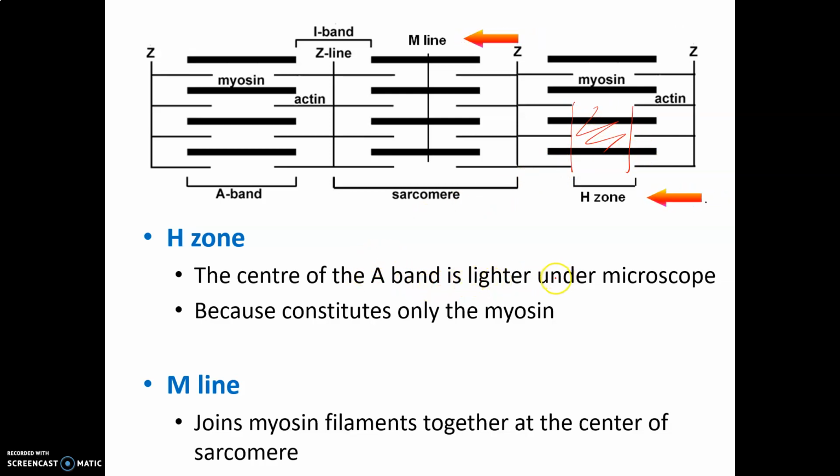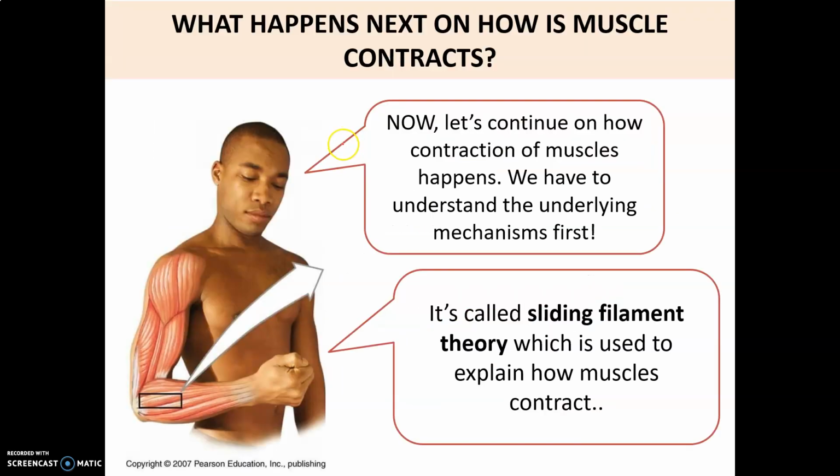That is lighter under microscope, tapi taklah secerah I band. Okay, tapi dia agak cerah berbanding dalam keseluruhan A band, because it constitutes only myosin. Yang overlap ini yang akan appear very dark under microscope. Tengah ini disebabkan hanya ada myosin, dia akan appear lighter for the A band, tetapi dia tidak akan secerah the I band. Okay. Dan again, inilah dia.